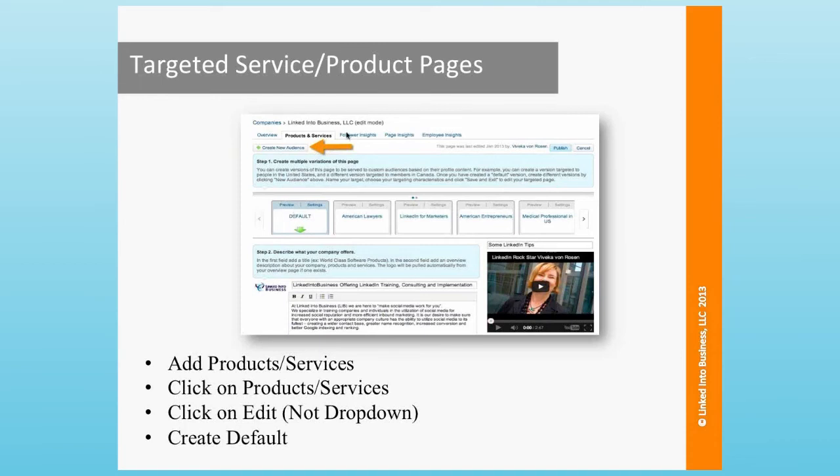Once you have created that first default page, you are then able to copy that default page. Once you've copied it, a new tab shows up. This is where you go into settings, and you can choose an audience by industry, by company size, by company, by someone's title, by location.